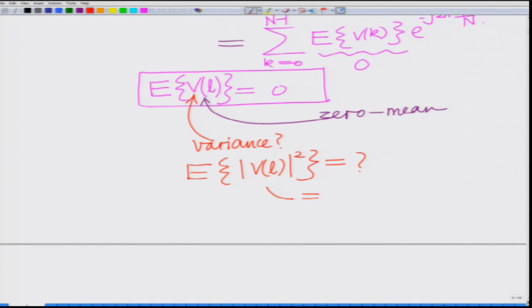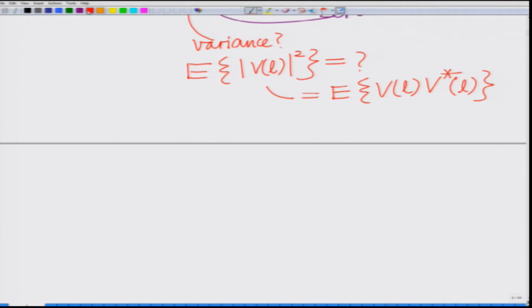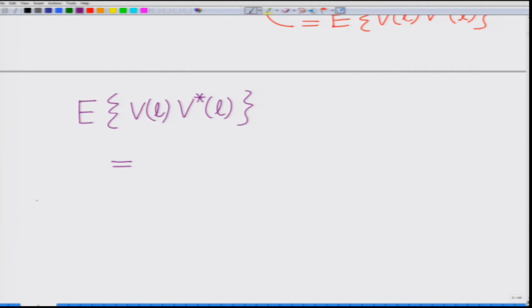Remember, this is also equal to expected value of magnitude of VL into V conjugate of L, which I can simplify as follows.